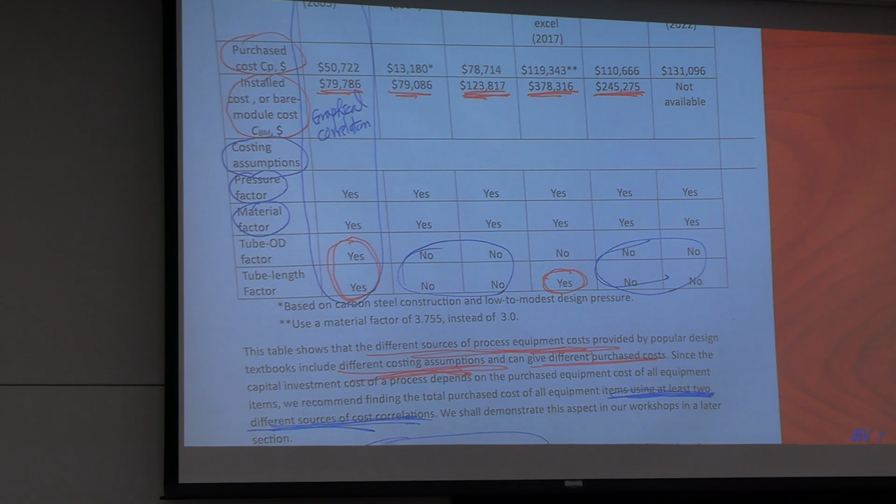Now, this took me 2 weeks to compile. I sent you this: process equipment cost sources. Open up the Excel.